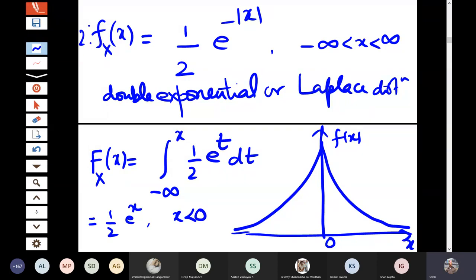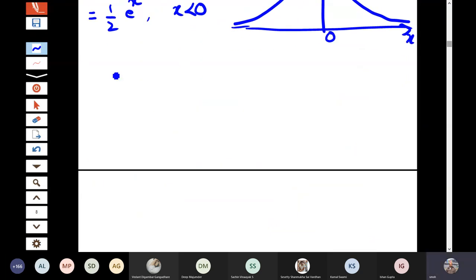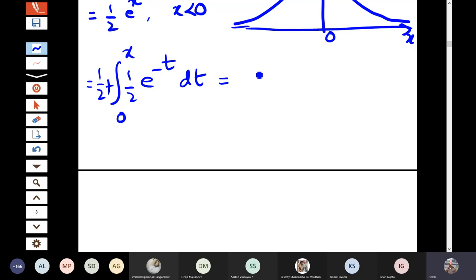Then if x is greater than 0, it will become half plus the integral from 0 to x of half e to the power minus t dt. So this we can again evaluate easily. It is half minus half e to the power minus t from 0 to x. So at 0 this will become 1.